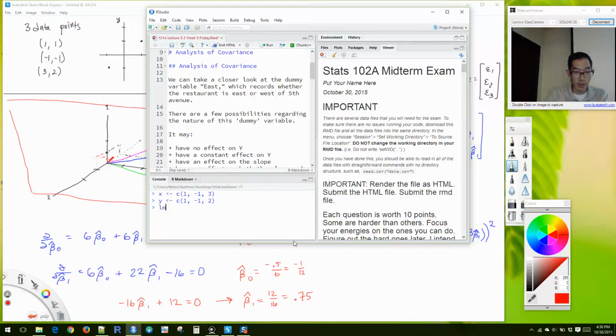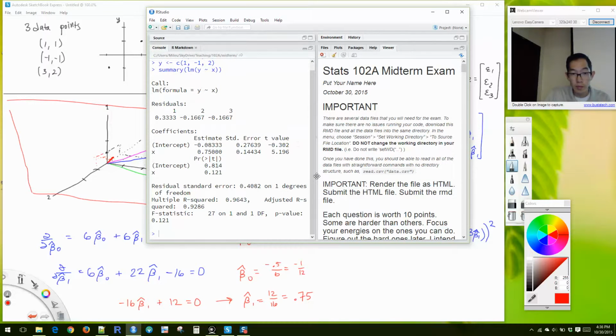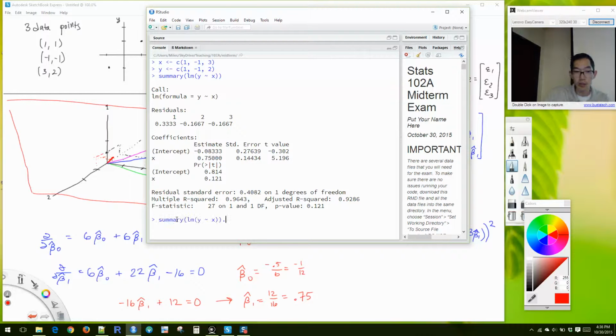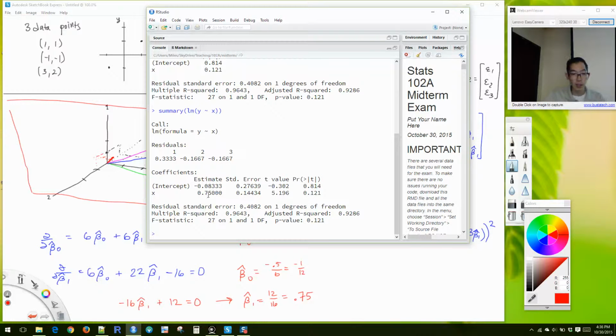Okay, and then we can just ask for the summary of our linear model where y is explained by x. Let me just do that again. Okay, and indeed we get what we expected. We got an intercept of -1/12 and a slope of 3/4, 0.75.